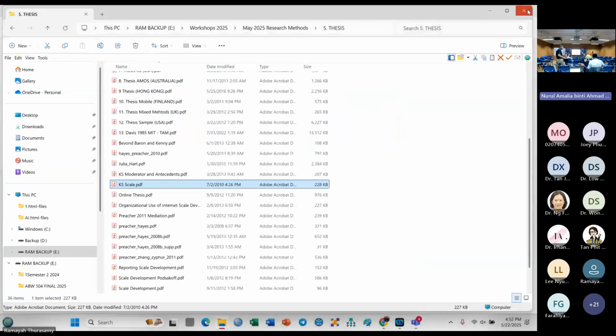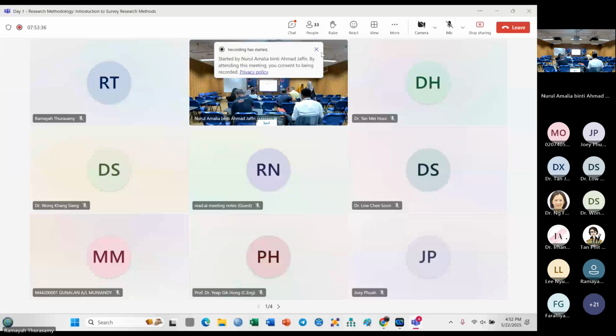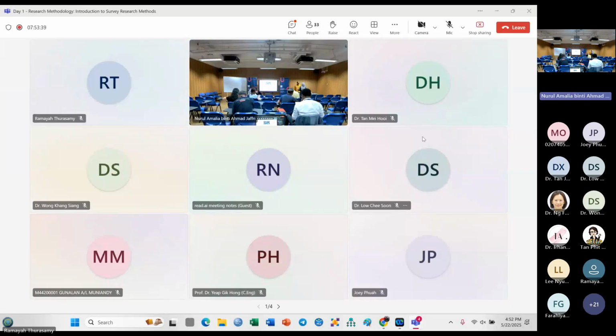And every time I take a photo, okay, sure. That's the first time we stand close together. Some of the participants, come over here.